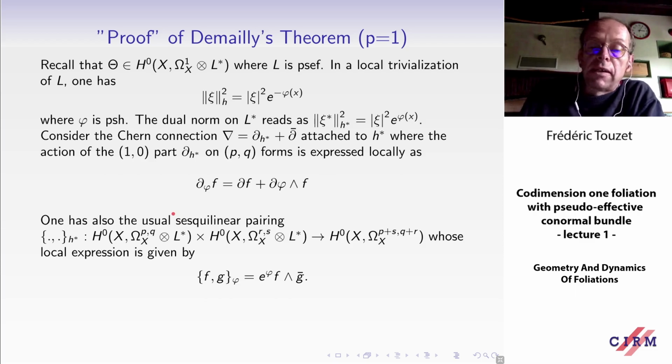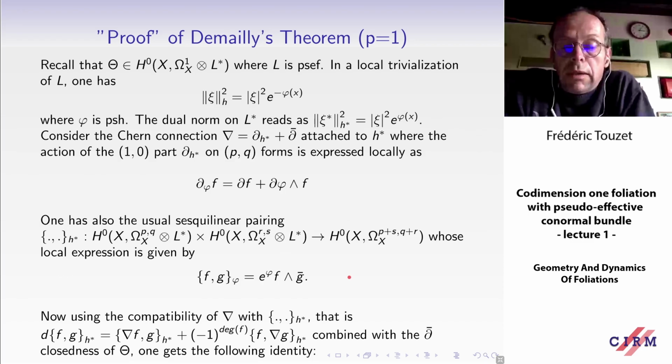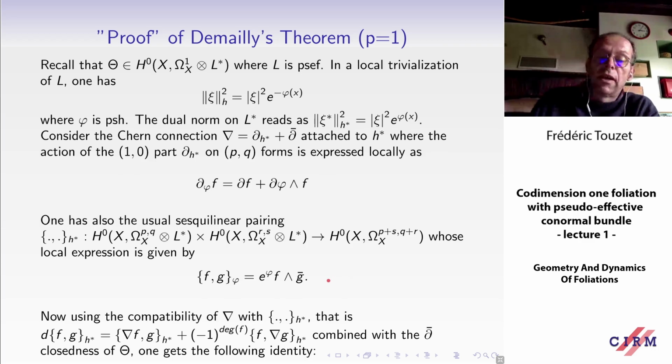This pairing sends a pair of twisted forms to a genuine form. And in the local expression of f with g bar, we have to take into account the coefficients arising from the metric, which is here exponential phi. And these connections, as any metric connection on a vector bundle, are compatible with this pairing, which means that it satisfies the Leibniz rule, which is written here.